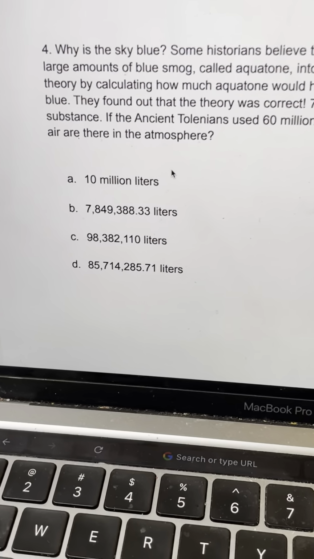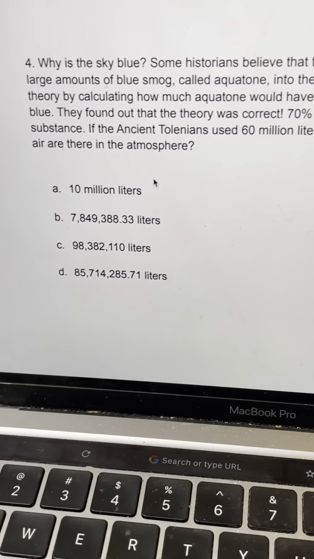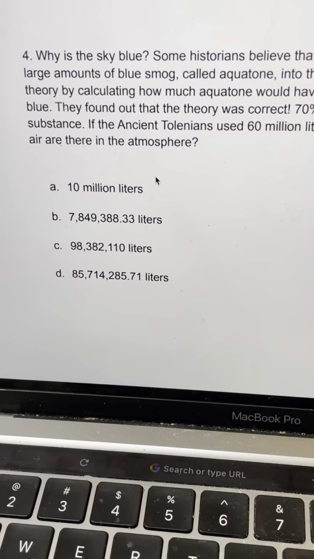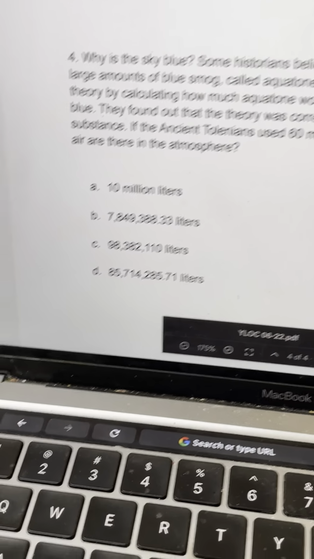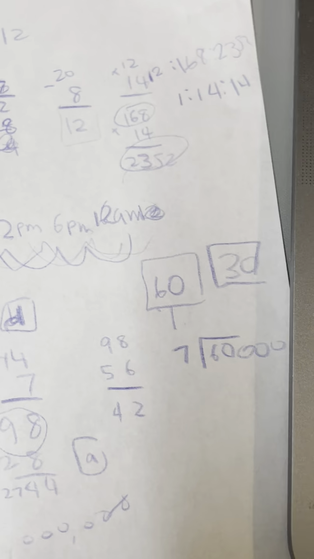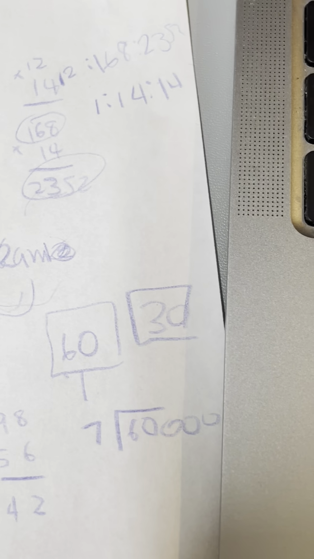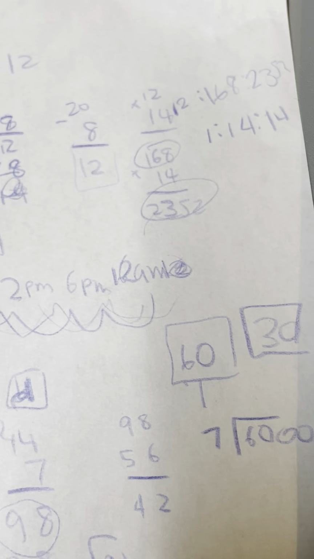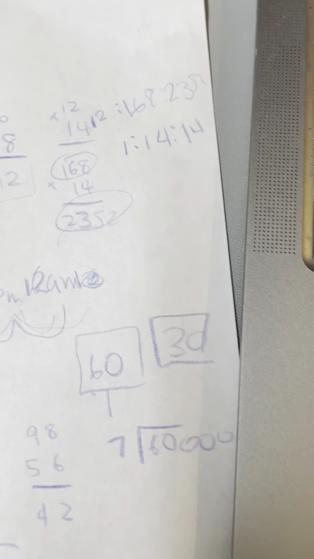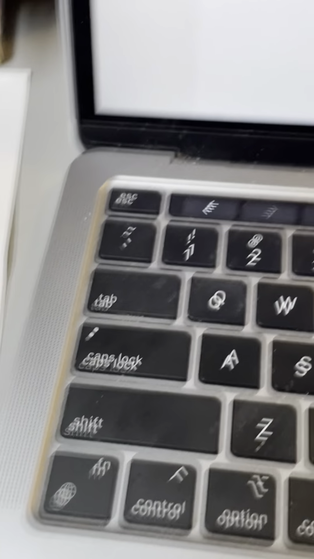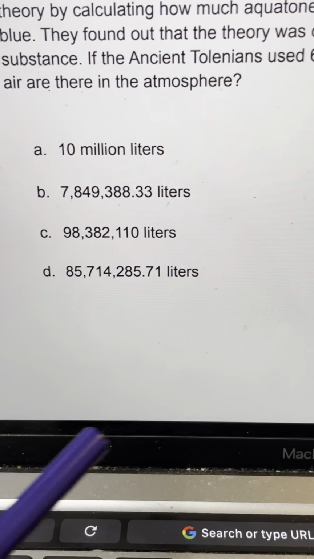And then we would do 60 million divided by 7, which would be something around, if we do the math, it would be around 85,000. So that'll be the rest out of the next. It'll be D.